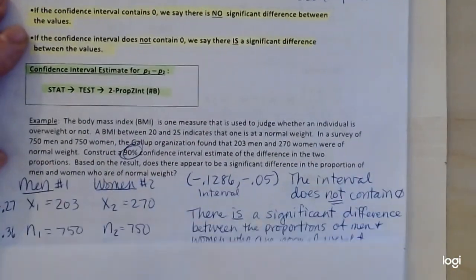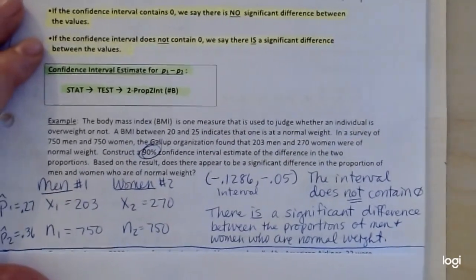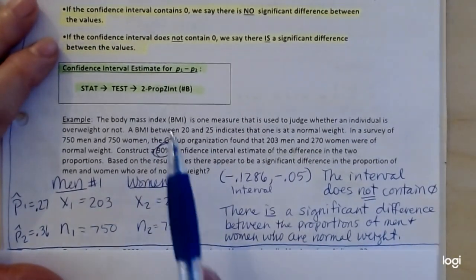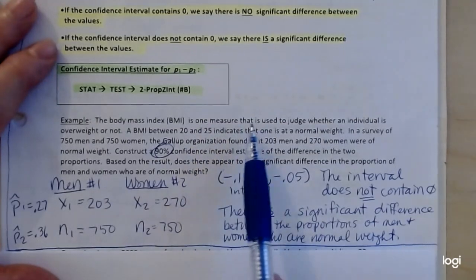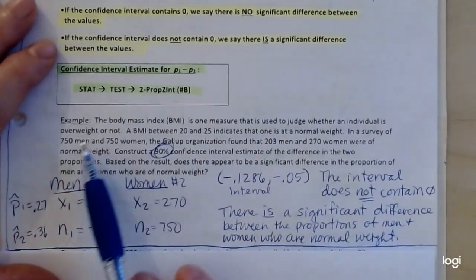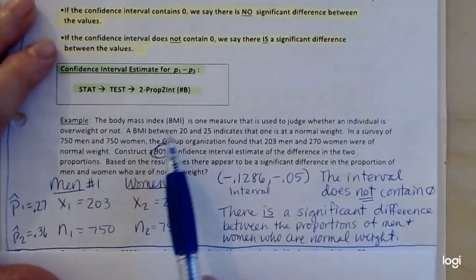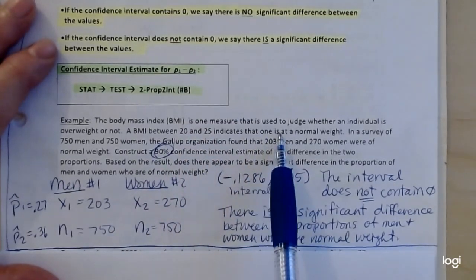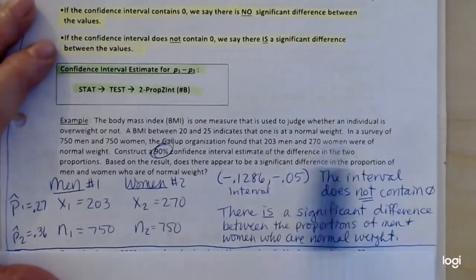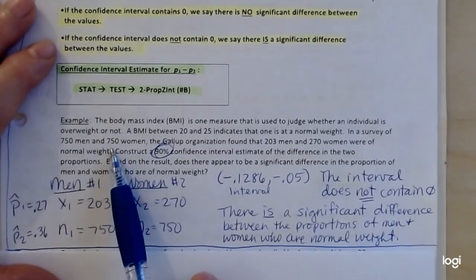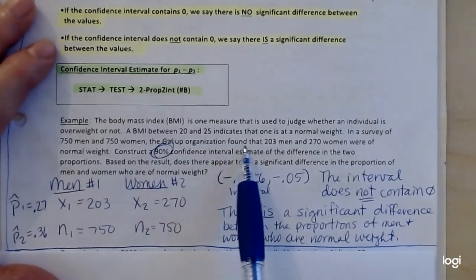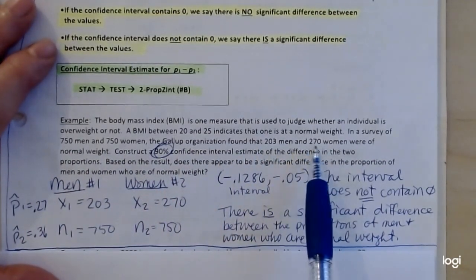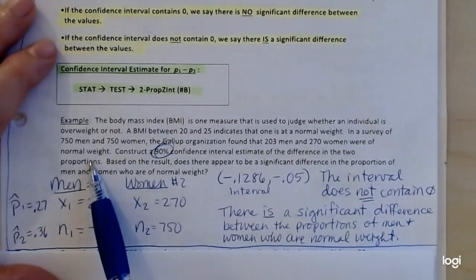So let's look at this example first. Body mass index is one measure that is used to judge whether an individual is overweight or not. A BMI between 20 and 25 indicates that one is at a normal weight. In a survey of 750 men and 750 women, the Gallup organization found that 203 men and 270 women were of normal weight.